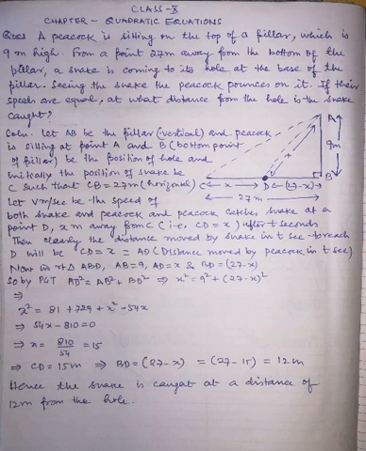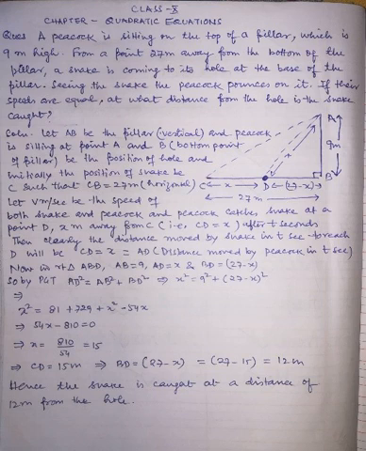Now, if we assume that the speed of the snake and peacock, both, is v meter per second, and let us also assume that the peacock catches the snake which is creeping on the ground.